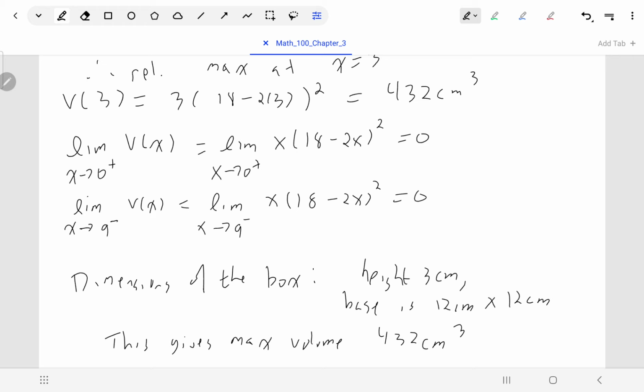So for the problem that we have, there is indeed a maximum, and the maximum happens to be achieved when x is 3, when we cut 3 centimeter by 3 centimeter little squares out of each corner of our original sheet of metal.